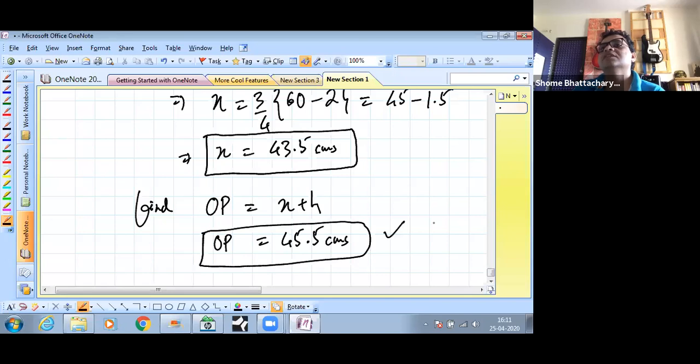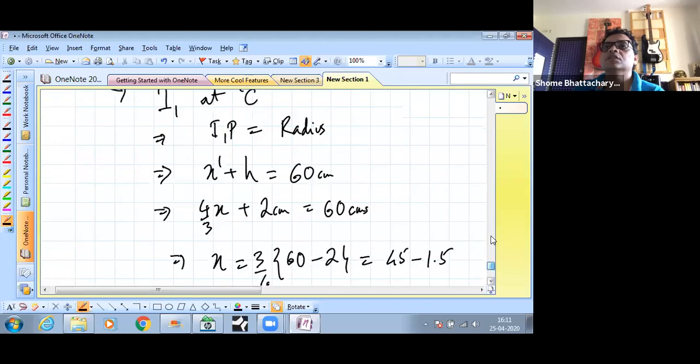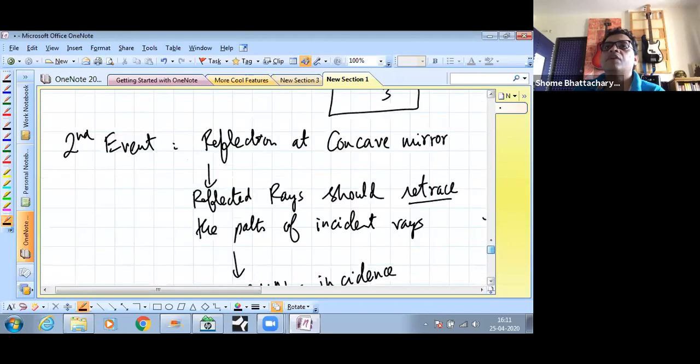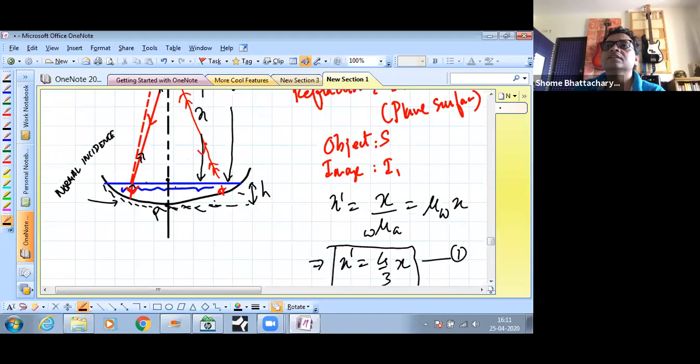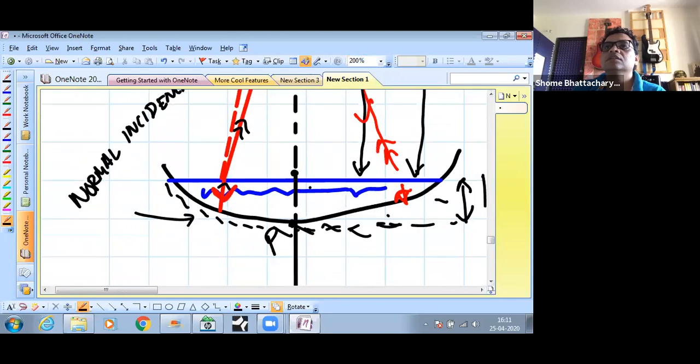Okay. Now notice here that I'm not worried about the third thing. Why I'm not worried about the third thing is, see, if after the reflection these rays are retracing their path, then the following thing will also happen, that will also retrace its path. The principle of reversibility of light. So here, if this is retracing its path, this is becoming this. The next, this will also become this. This will also retrace its path.